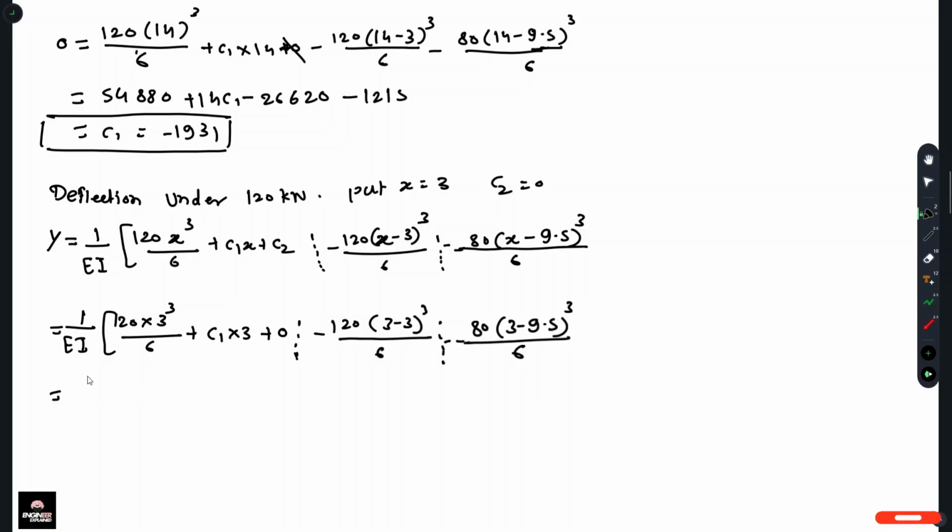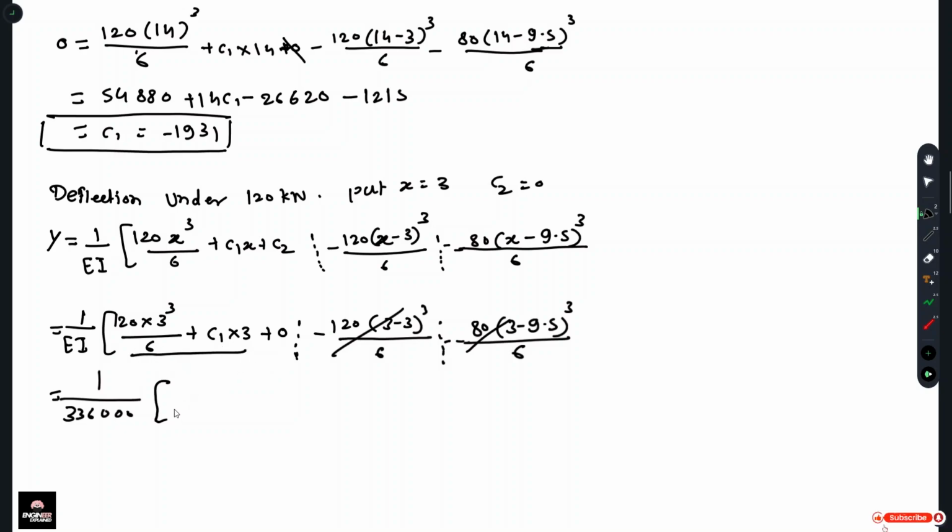The value of EI is 336000, and the terms multiplied by 0 become 0.